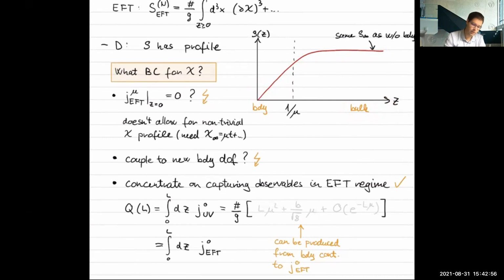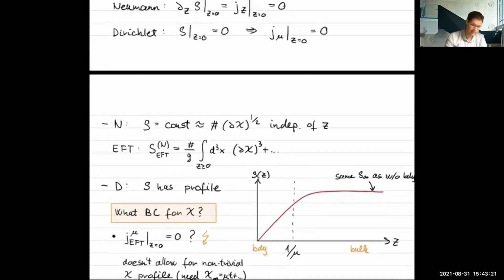And we have a domain wall whose characteristic scale is 1 over mu. Far away from the wall, the value of rho is the same that we encounter without the boundary or in the case of Neumann. But close to the wall, there's some profile. Okay, so how do we impose this boundary condition?